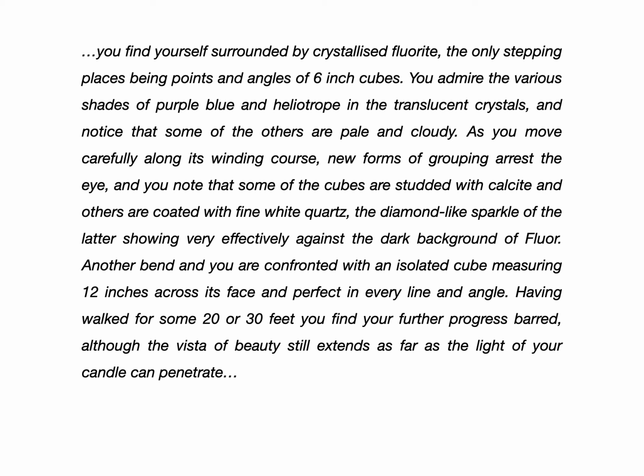You admire the various shades of purple, blue and heliotrope in the translucent crystals and notice that some of the others are pale and cloudy. As you move carefully along its winding course, new forms of grouping arrest the eye, and you note that some of the cubes are studded with calcite and others are coated with fine white quartz. The diamond-like sparkle of the latter showing very effectively against the dark background of fluor.